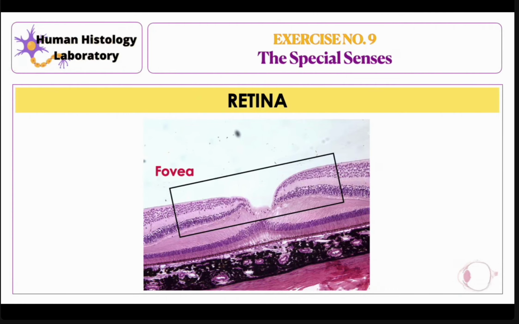This fovea consists entirely of cones. And then the center of the fovea is called the foveola. Take note that in the retina, we have blind spots, or what we call the non-visual spots and visual spots. So the fovea is one of the visual spots.